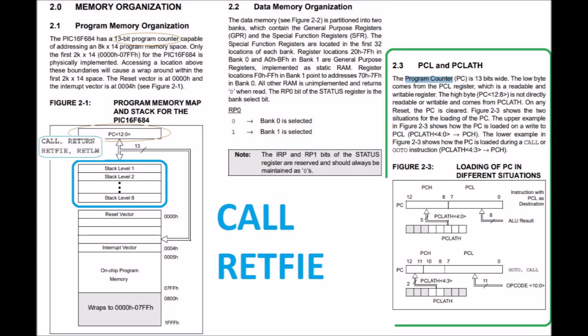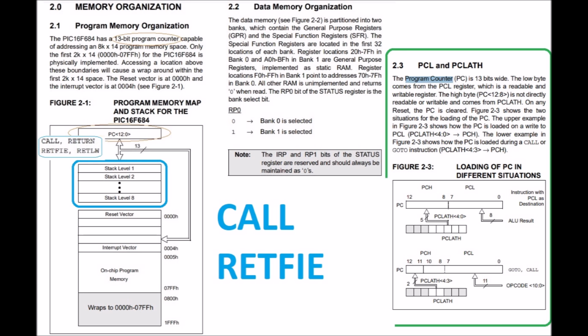Return and retfie instructions. When a subroutine finishes executing, the return instruction pops the top address from the stack back into the program counter, resuming execution at the point where the subroutine was called. retfie, return from interrupt, does the same but also re-enables the global interrupt.